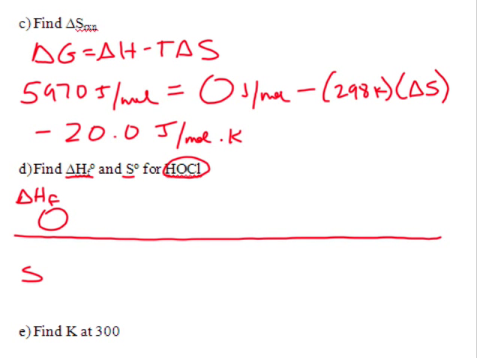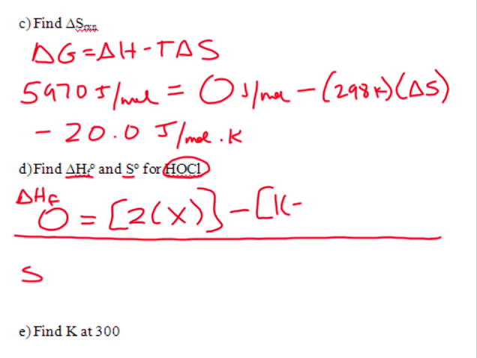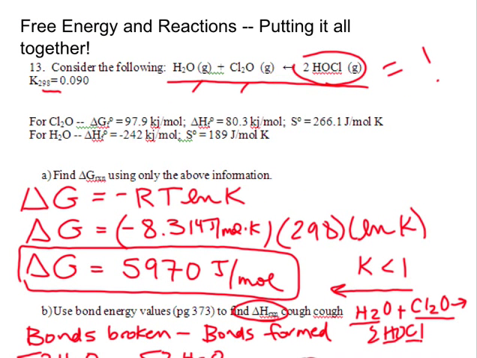0, our H of the reaction, is equal to products. It was 2 HOCl, right? So that's our unknown, minus, I've got to go back now, I don't remember, 1 times, I'm doing water first, 1 times negative 242 kilojoules plus, and then I think there's 1 Cl2O, and that is 80.3.